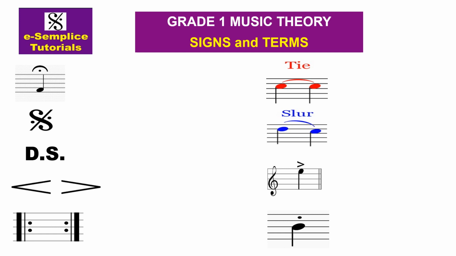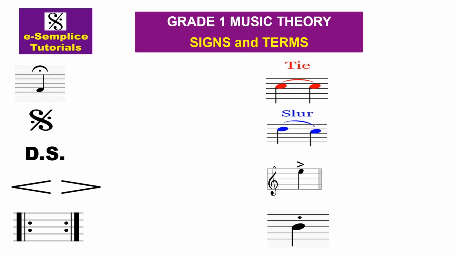Each grade in graded music theory exams has a set of signs and terms the student should familiarize himself or herself with, and these signs and terms constitute part of your exams so that you don't lose marks in the exams.